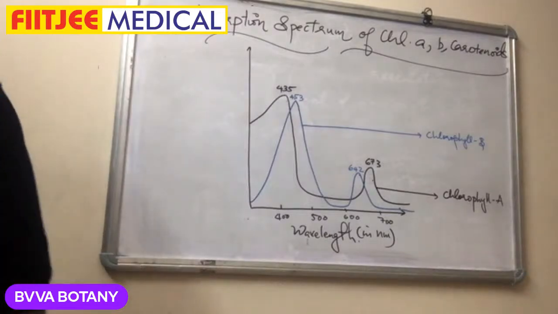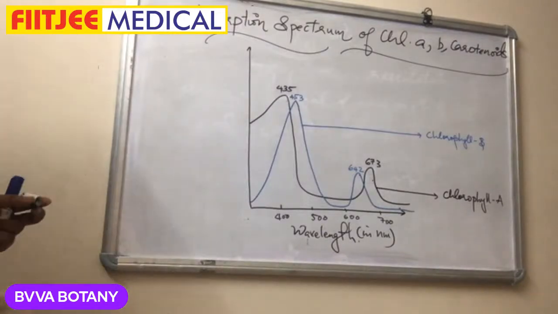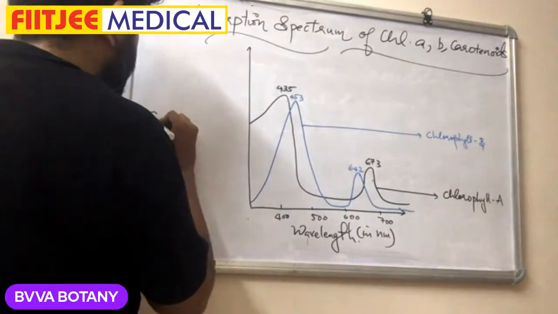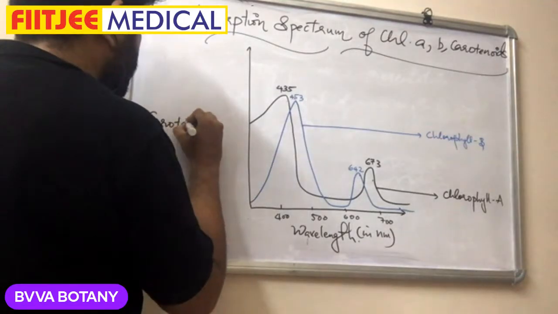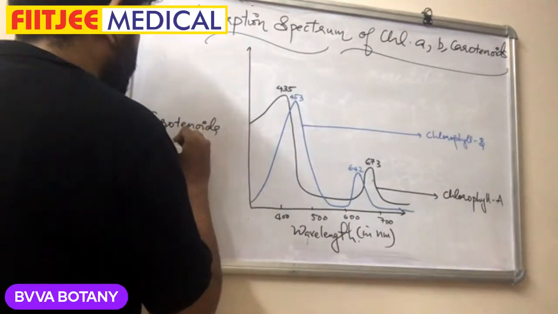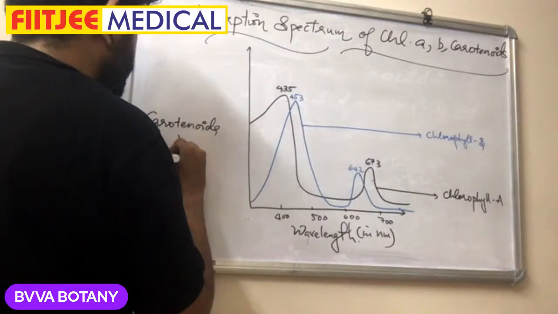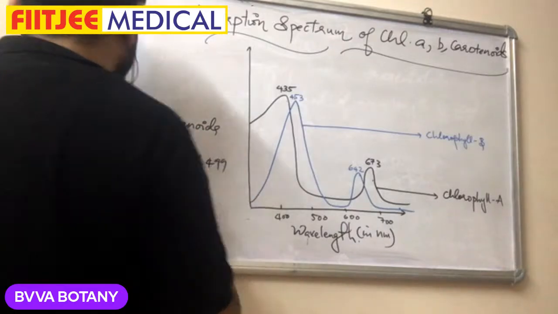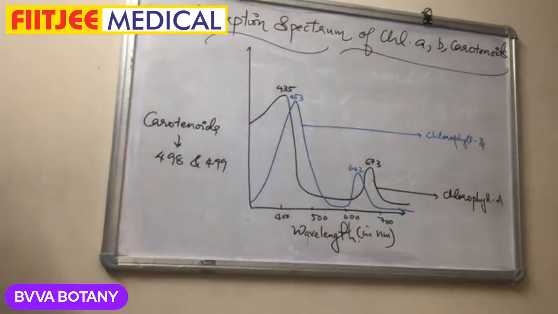Carotenoid absorption is very close, in the places at 498 and 499.